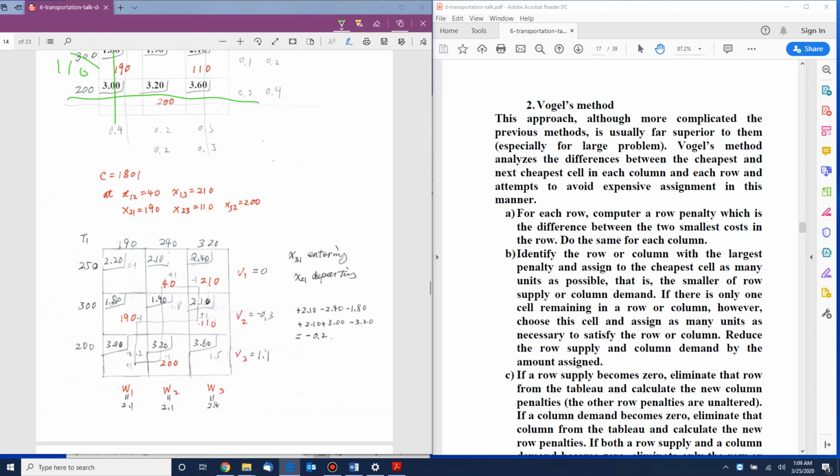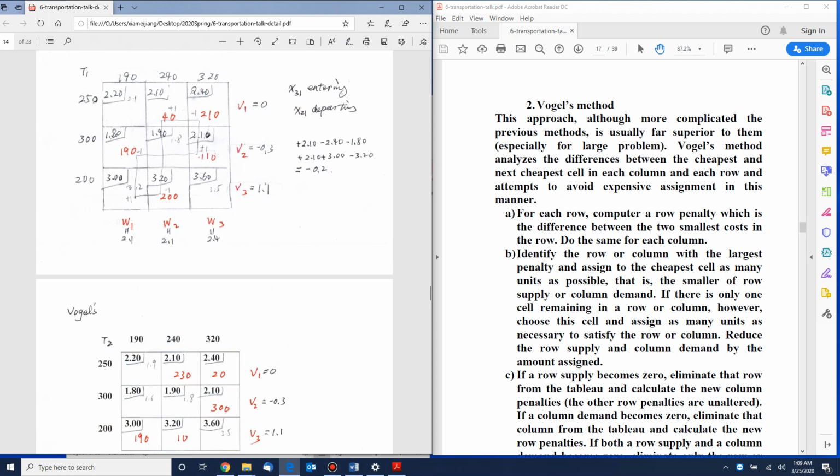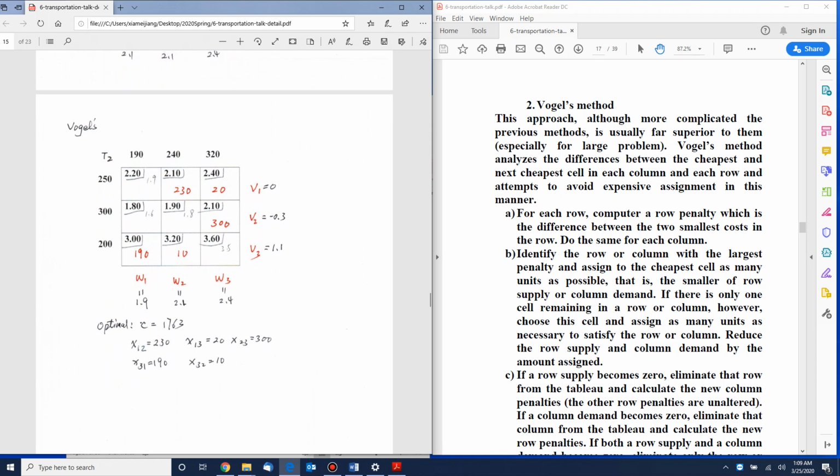Okay, so once we work this out, we can just remove it, and here we can work out tableau 2.